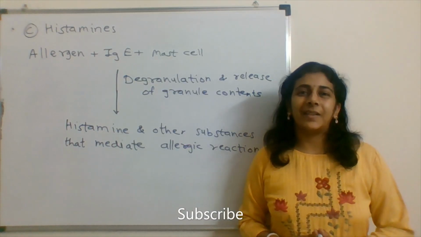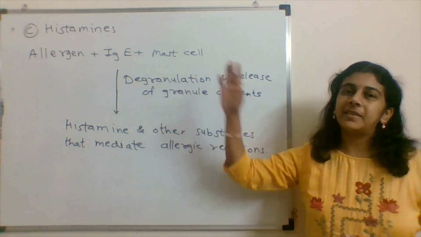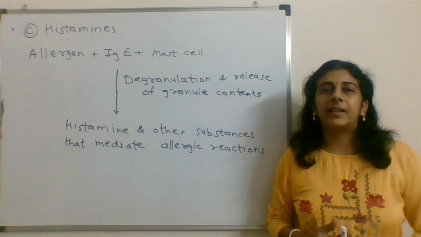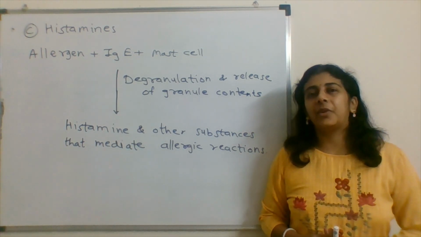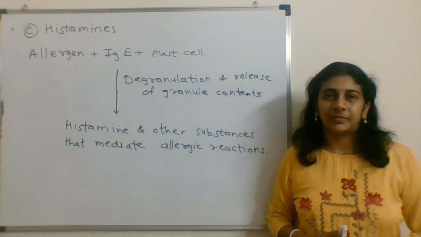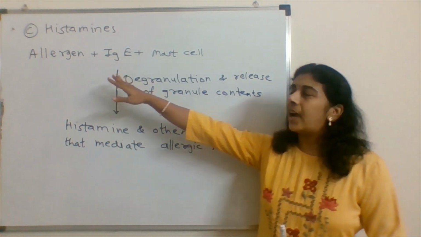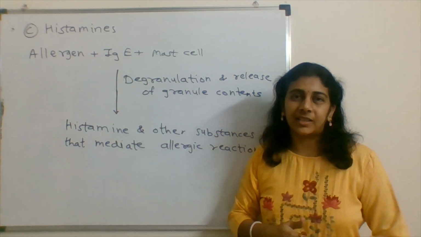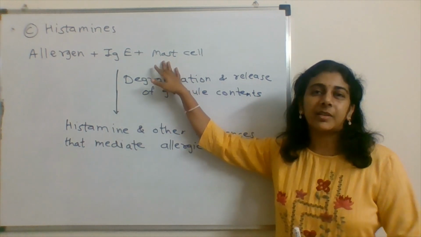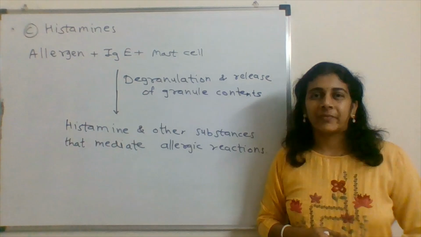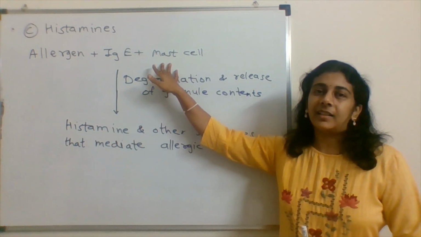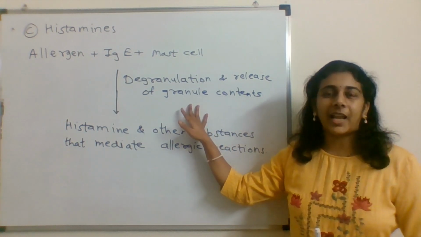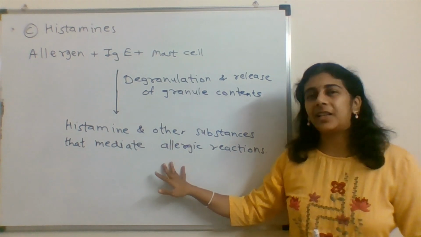Option C is histamines. These histamines are related to the allergic reaction. Mast cells and the IgE type of antibody are involved to trigger the allergic reactions. When the IgE antibody traps the allergen, it binds to the receptors present on the mast cell. Now this mast cell carries out degranulation, and from the granules of the mast cell there is a release of histamine.